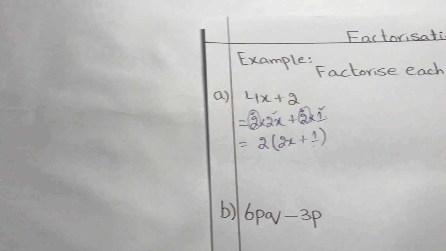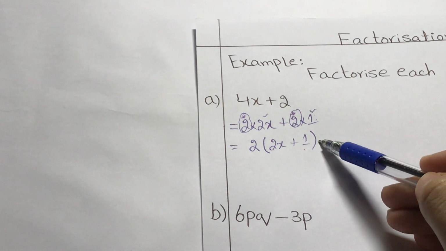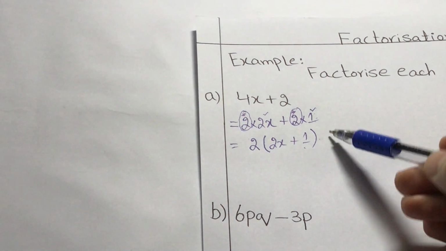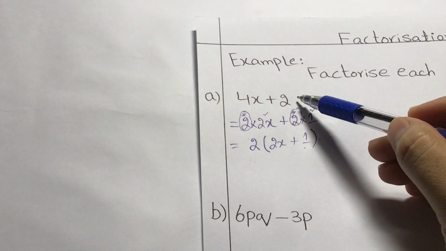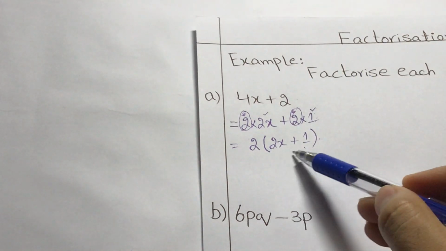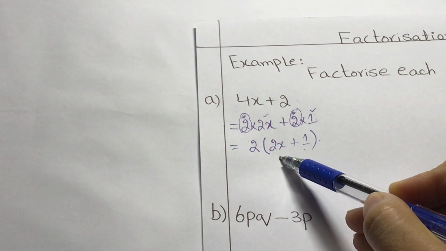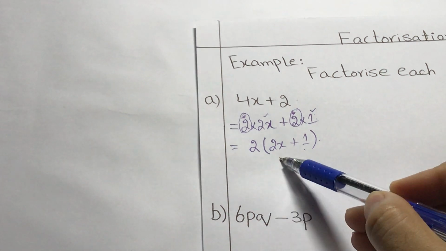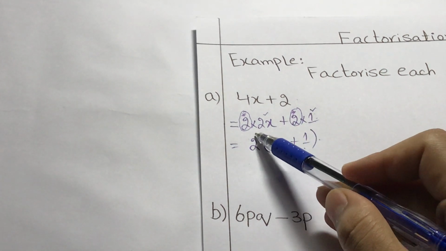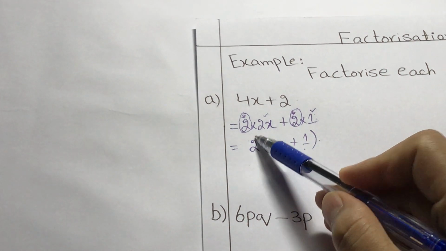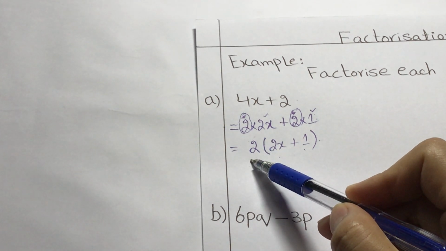This process is called the process of factorization. We have expressed an algebraic expression as a product of two algebraic expressions, or you can say we have expressed it as a product of two expressions.